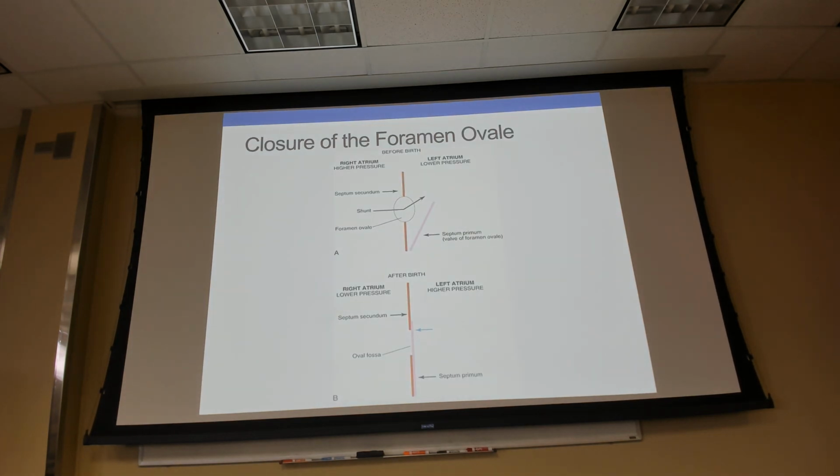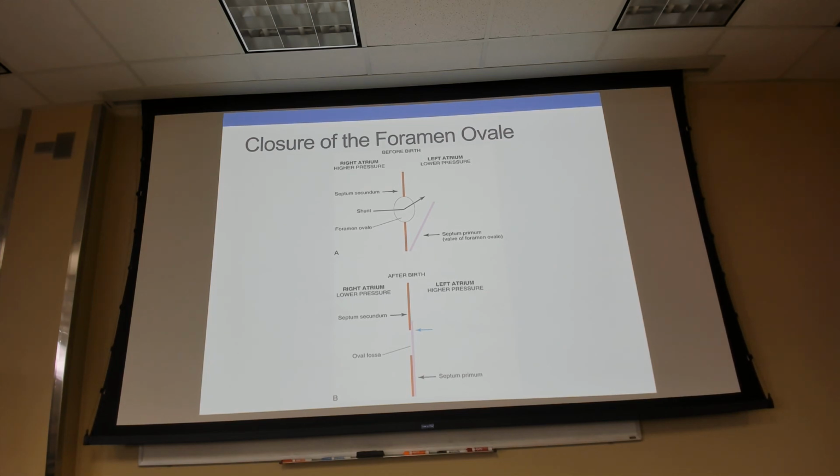So we'll take a look then at that foramen ovale. It was going, as a fetus, from high pressure right side to low pressure left side. Baby takes that first breath, all of a sudden the lungs start to fill, the vasculature of the lungs is now higher pressure, left to right, so that shunt closes and you can no longer go right to left.